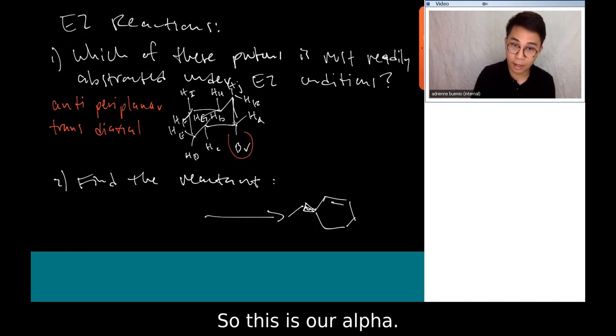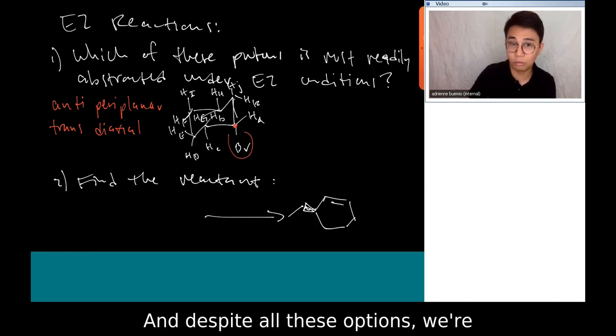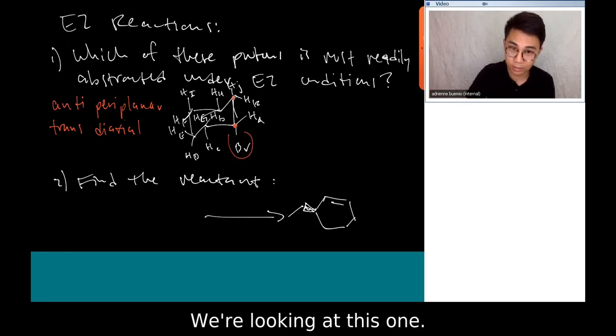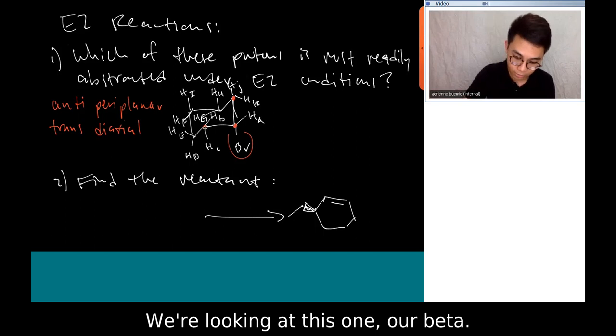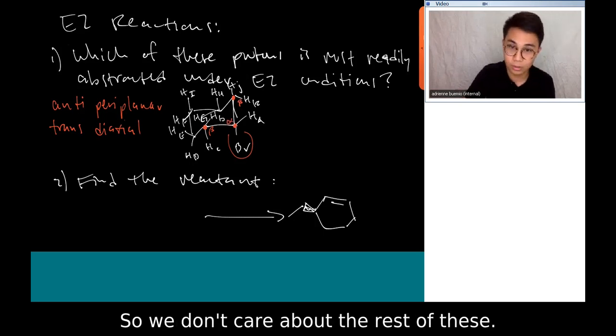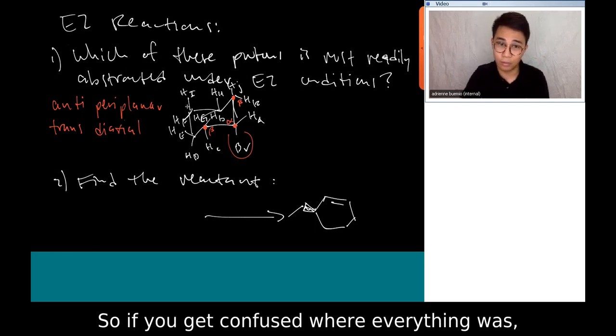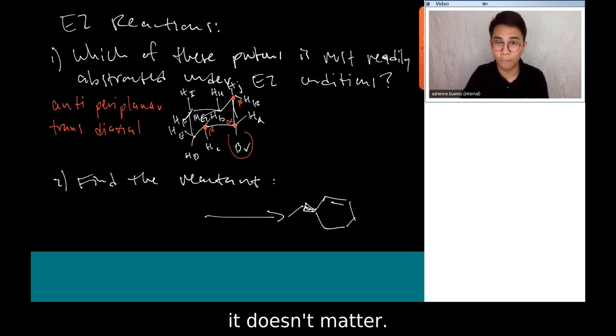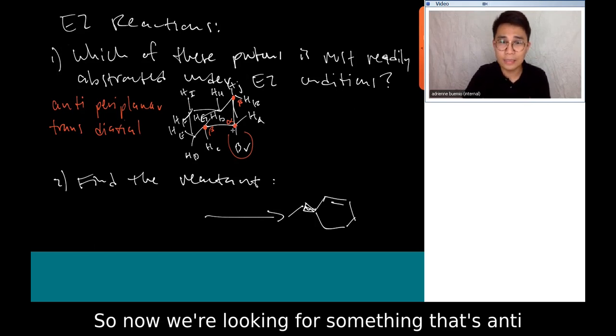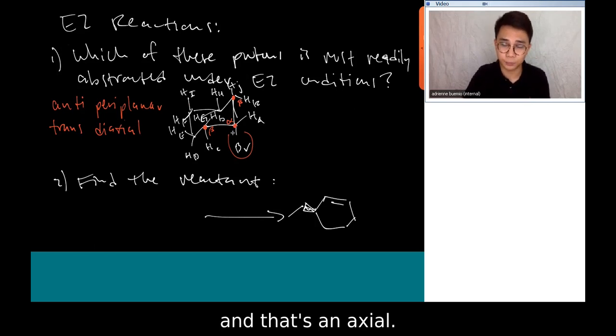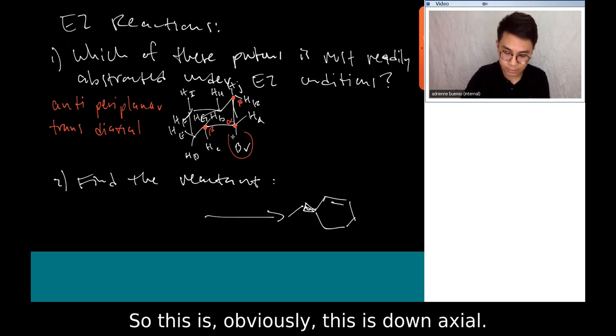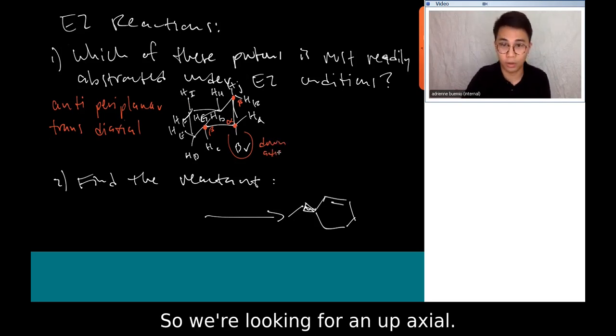So this is our alpha, and despite all these options, we're only going to be looking at the adjacent ones. We're looking at this one, and this one, our beta, and then our alpha is over here. So we don't care about the rest of these, right? If you got confused where everything was, it doesn't matter. Now we're looking for something that's anti and axial. This is down axial, so we're looking for an up axial.